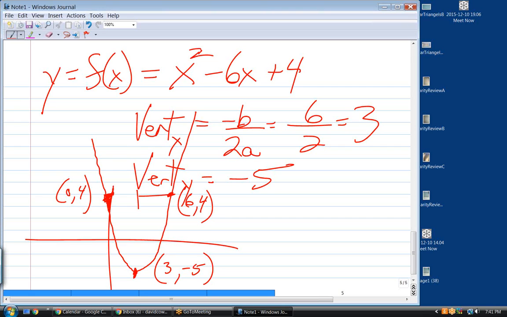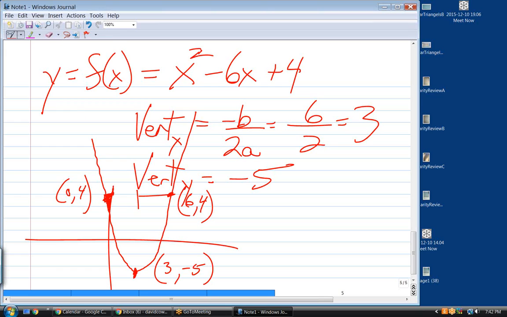Okay, so that was perhaps the easy way. If I want to find out what the x-intercepts are, some teachers make you do 5 points. They always want the vertex and the x-intercepts, plus maybe 2 additional points, even though 3 points define a parabola.